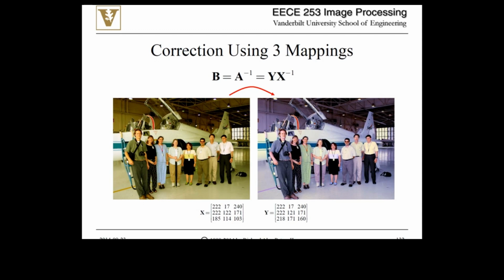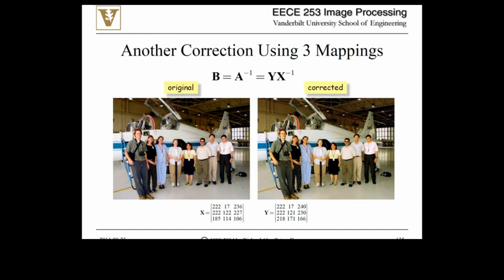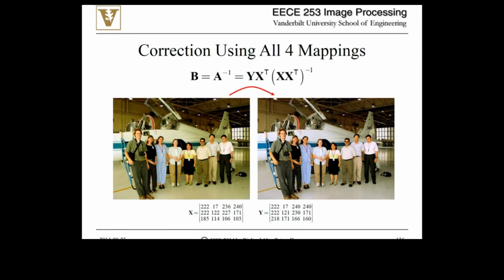Now, if we use the least squares solution, you see that those are similar, but not exactly. Another correction using 3 other points: depending on which 3 you take, you have one output or another.